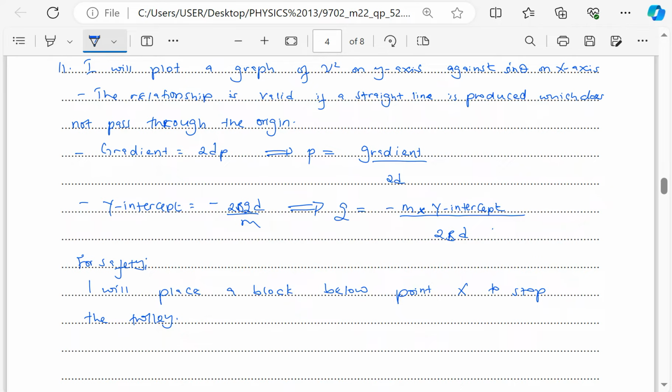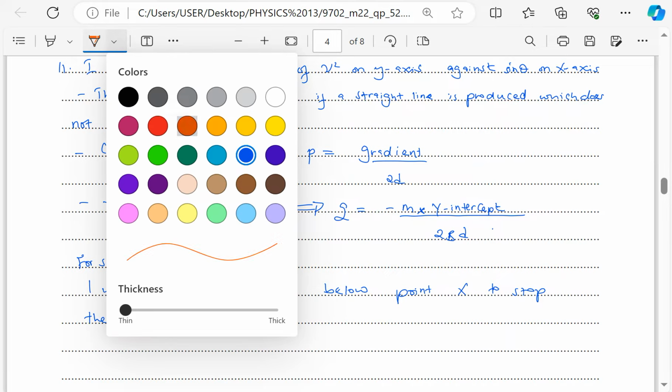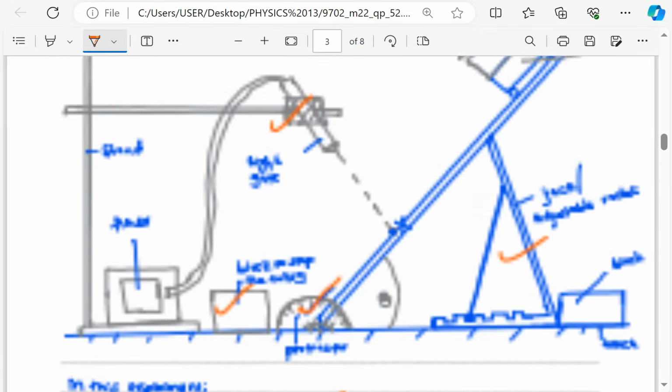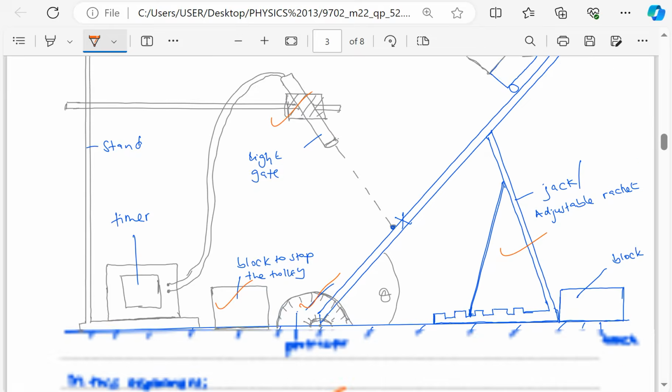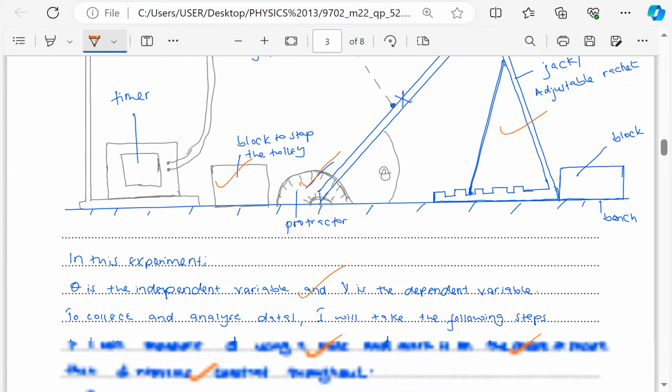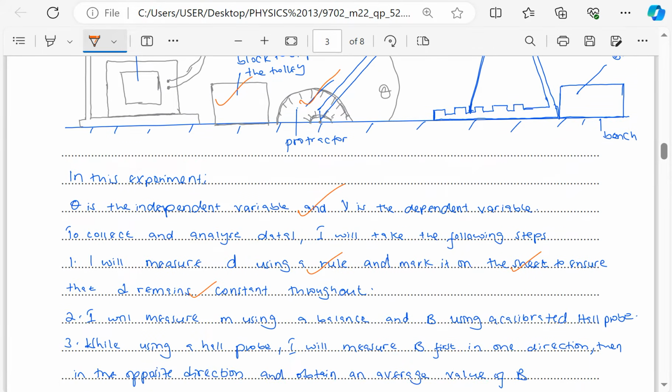So I'm very certain what I've written here is enough to give me at least 15 marks. For example, I already have a clamped light gate, that is 1 mark. I have a block here, those are 2, 3, 4. Here they may not give me any more marks, those are 4, 5, 6, 7, 8.